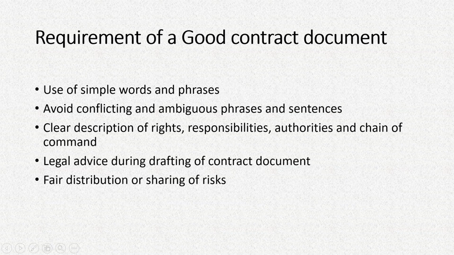Legal advice during drafting of the contract document is also necessary in case of large contracts. These documents may sometimes be 1 or 2 pages, but for large projects they are very voluminous documents, and it's always advisable to take help of legal experts to draft some clauses of these documents.